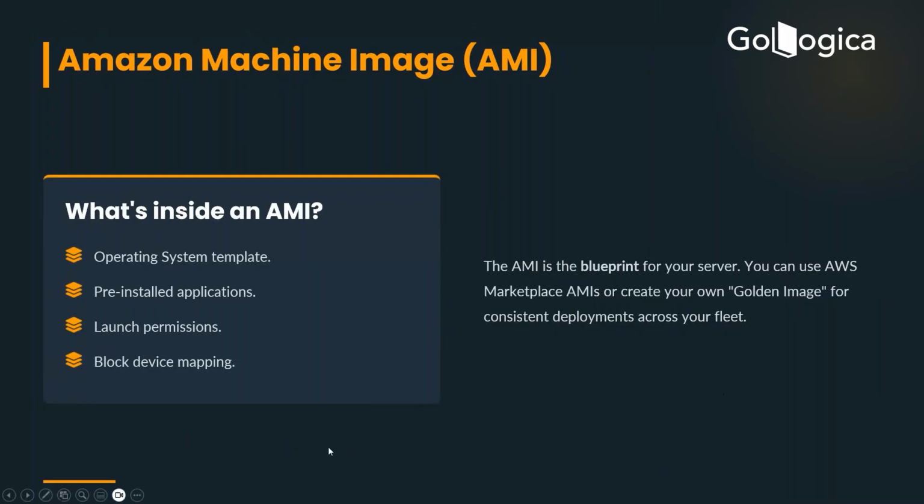So number one, that is definitely the operating system template. When we say these are images, generally when we install any operating system on our physical machines, it takes a lot of time, around 20 to sometimes 30 minutes, to install an operating system on our physical PCs. But these Amazon Machine Images will not take that much time.